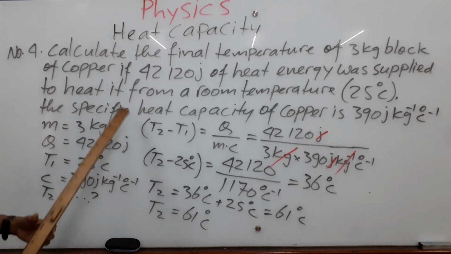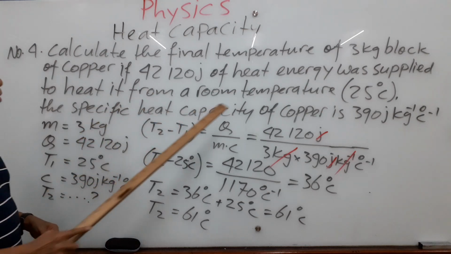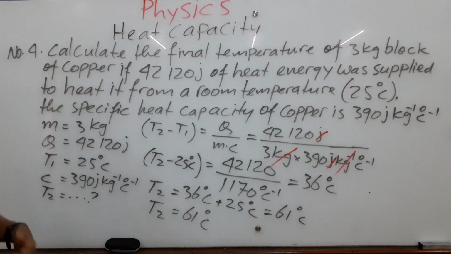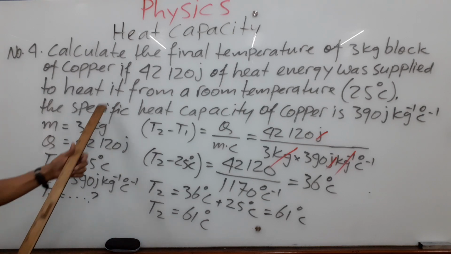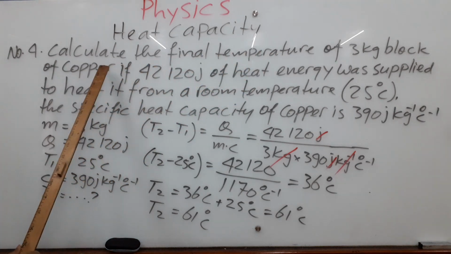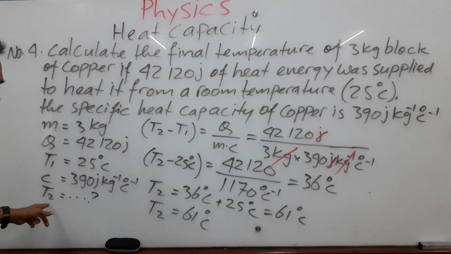The heating process starts from here, so that's why we call it T1, the initial temperature, 25 degrees Celsius. The heat capacity of copper is 390, very low, only 390 joule kg power minus 1 degrees Celsius power minus 1. Now they want us to find the final temperature, so that is T2.